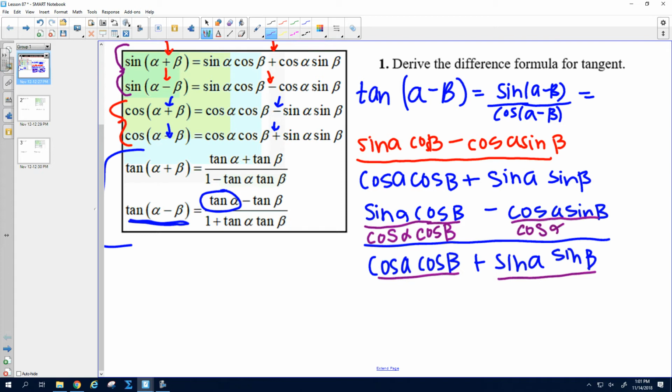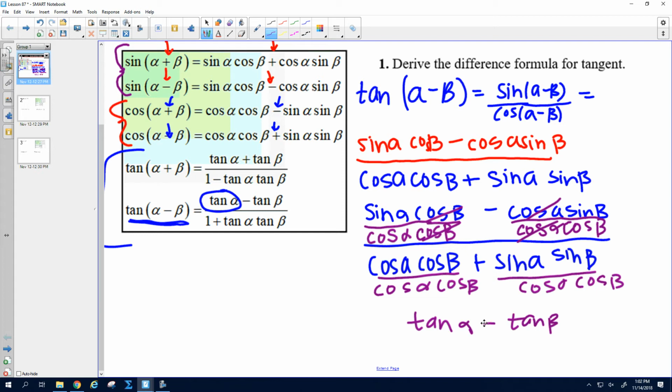So cosine alpha, cosine beta, on every term. And this is going to turn into the tangent formula. So cosine betas cancel, and sine over cosine is tangent alpha. And then right here, my cosine alphas cancel, and sine over cosine is tangent, and this time beta.